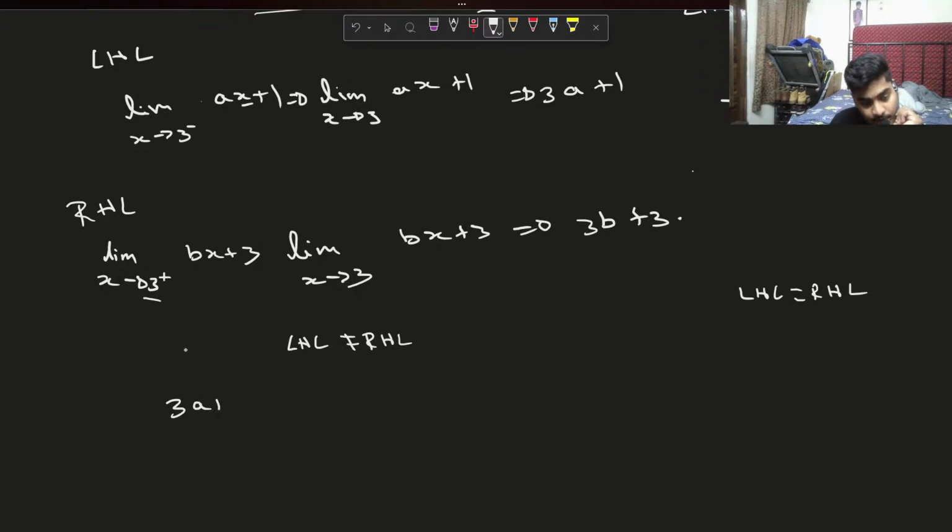So 3a plus 1 equals 3b plus 3. Variables on one side, constants on the other side.